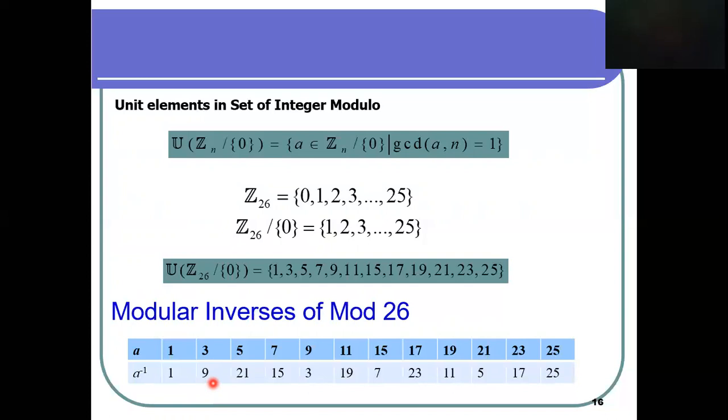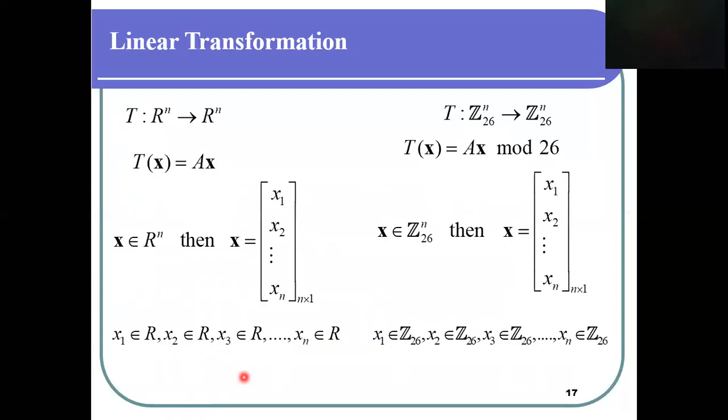So 3 into 9 is congruent to 27, which is congruent to 1 mod 26. In that case, dear student, you can say 3 is the inverse of 9. And 5 into 21 is 105, and if you divide it by 26, you will get remainder 1. In that case, the inverse of 5 is 21.